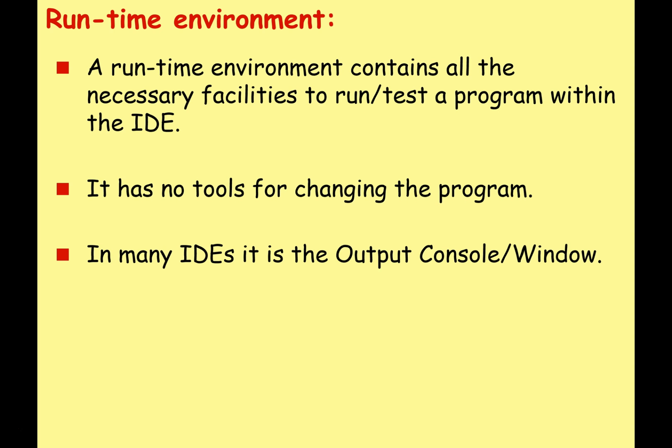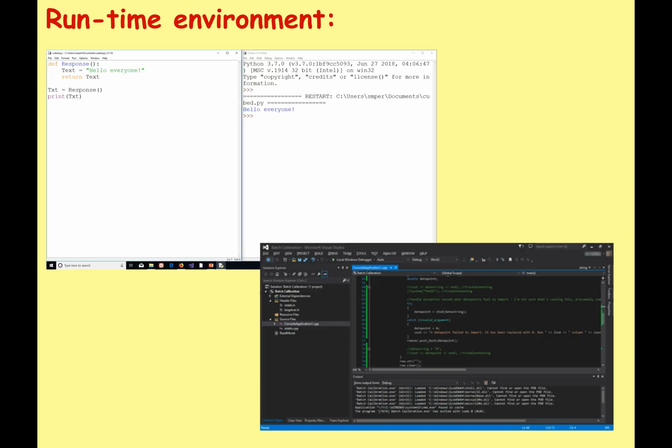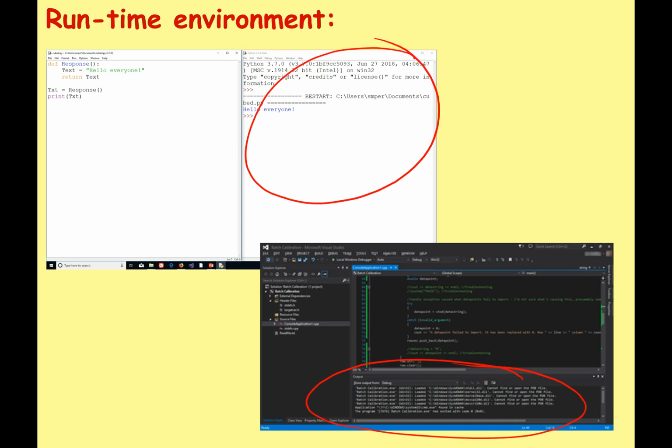So in many IDEs, you're going to have some sort of output console or output window, just so you can see an example of what the program would look like when you run it for real, what your user might see. So something very simple, we've got Python IDLE, with a very simple output window here. We've got another one, I think that's in Eclipse. And again, when you run it, it just shows you what the output is.